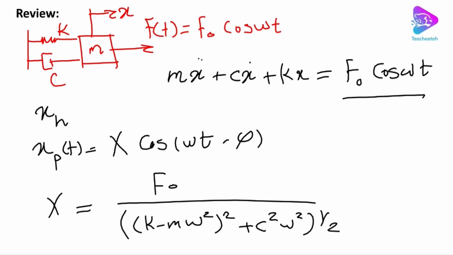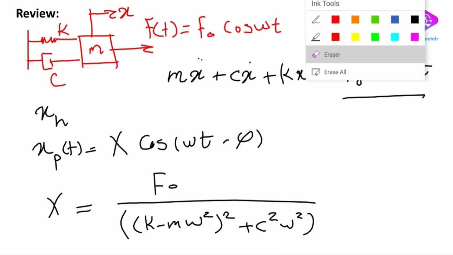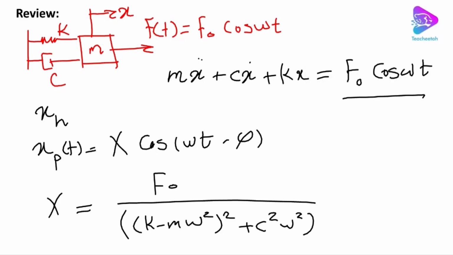As you see, we have both the effect of the force amplitude and the effect of the other components of the system, such as damping, stiffness, and mass. So X is the amplitude of the particular solution.